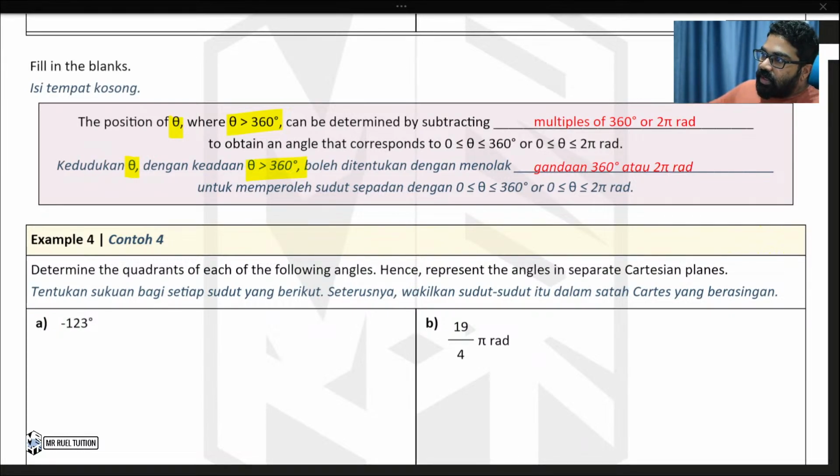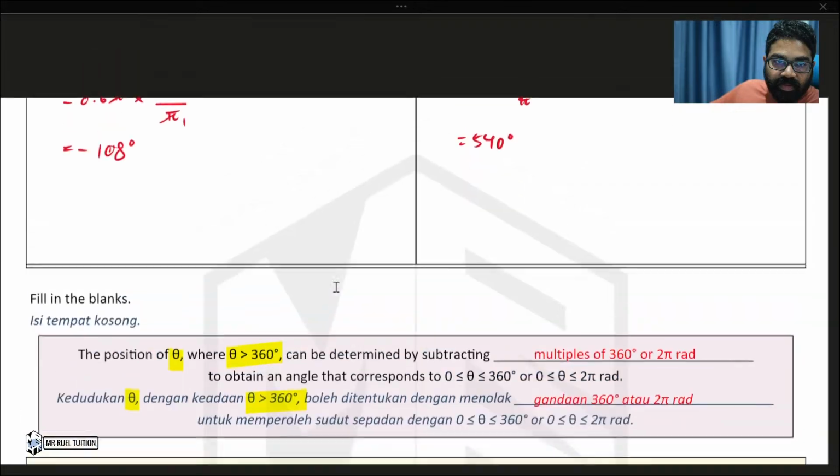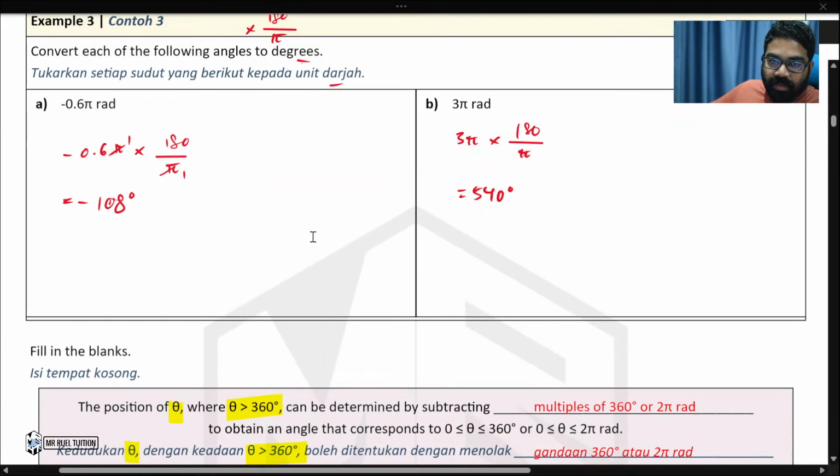Okay, what it means, previous question answers are these two, is it?